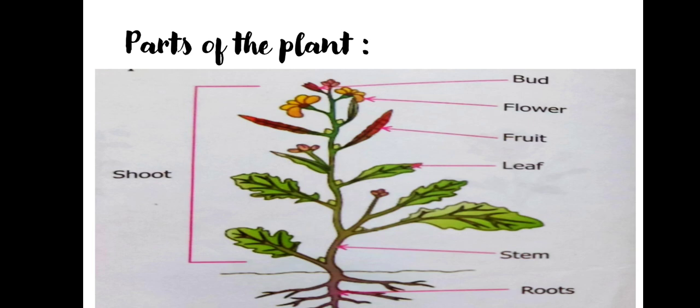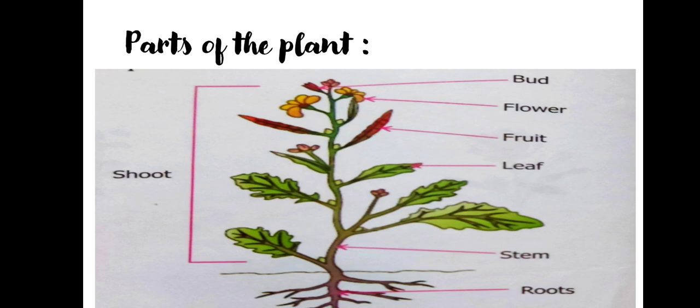Now, here is the picture of a plant in which all the parts are shown. You can see here under the ground, roots. Underground the part is roots. Roots are spread out under the ground.